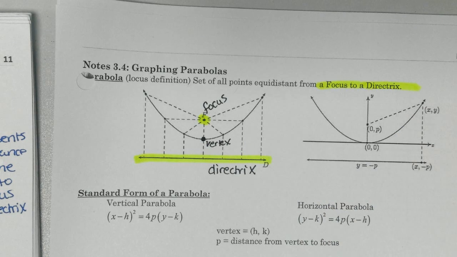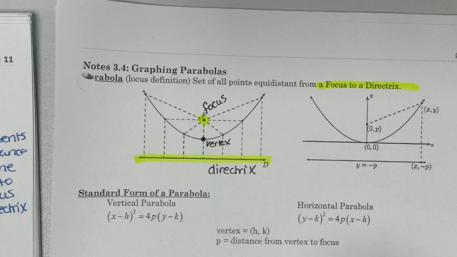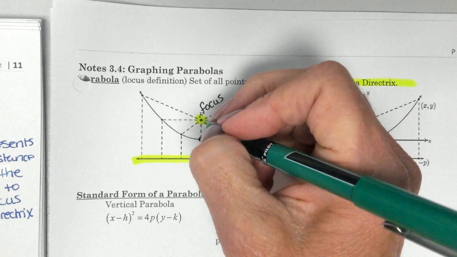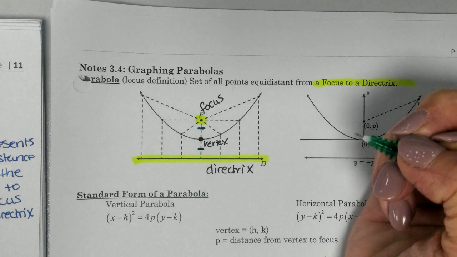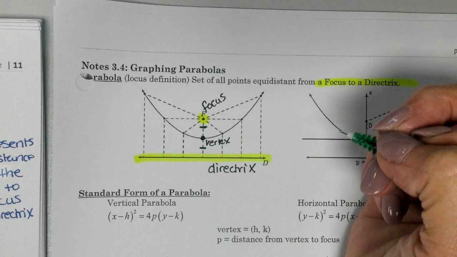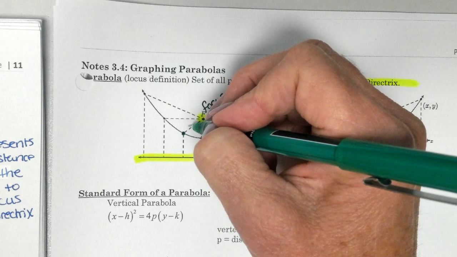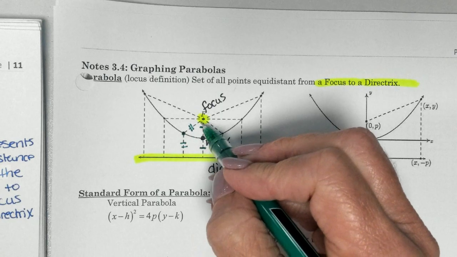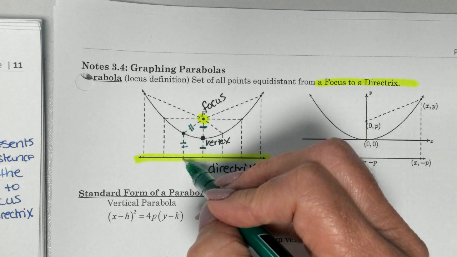So when you're looking at this and you see all these little dotted lines coming off of here, this distance right here is always going to be the same. And then any point on the curve is going to be the same distance to the focus as it is to the directrix.